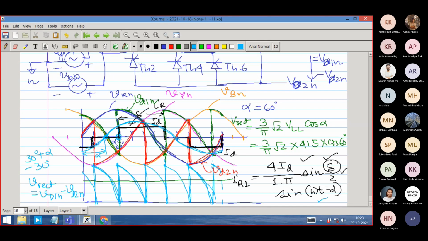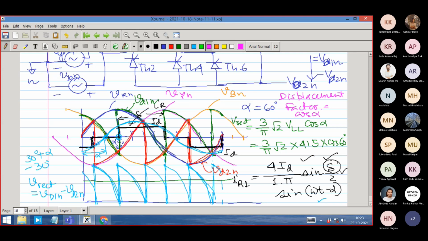If you do that, you will again get displacement factor equal to cos alpha. So it is not changing. For 3-phase also, the displacement factor is cos alpha.